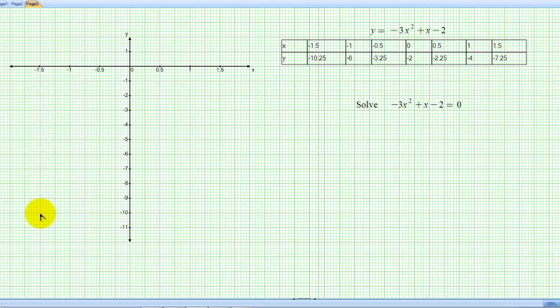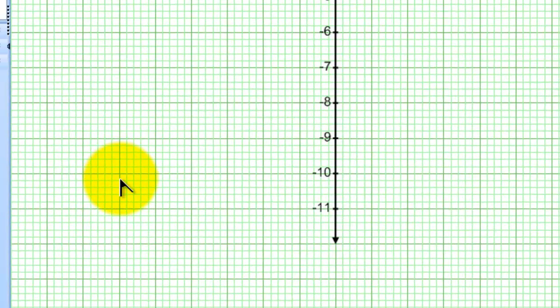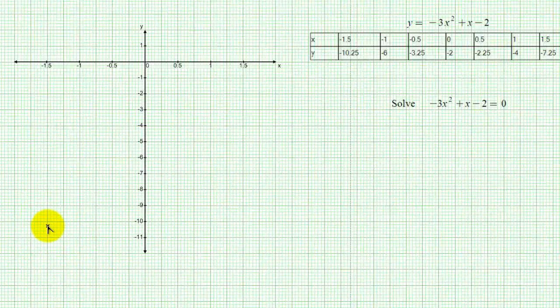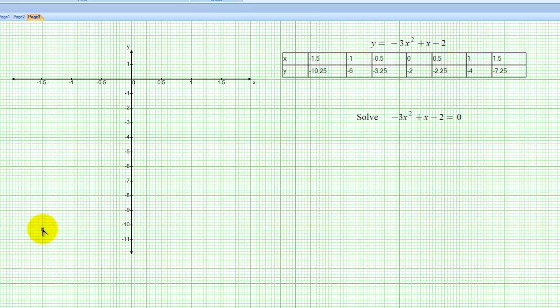10.25. Now, where is negative 10.25? This is negative 10, this is negative 10.2, and this is negative 10.4. And hence, negative 10.25 will be somewhere near to negative 10.2. Next, we will plot negative 1, negative 6, followed by negative 0.5, negative 3.25, which is somewhere below negative 3.2. 0, negative 2, 0.5, negative 2.25.